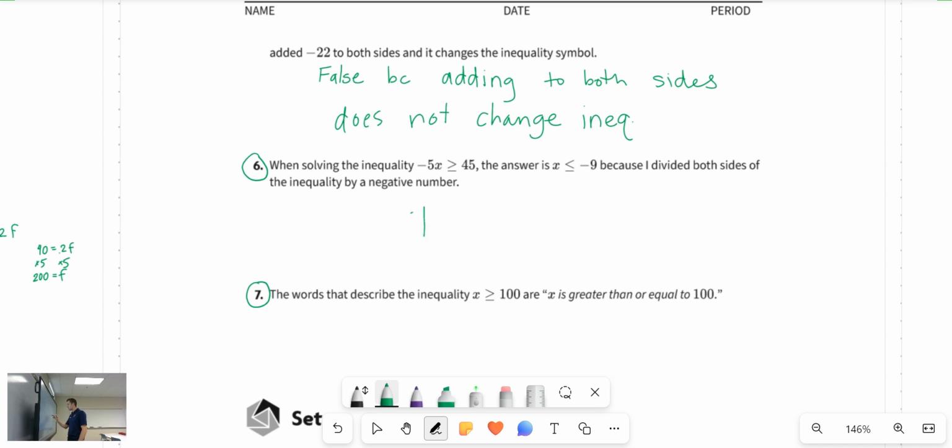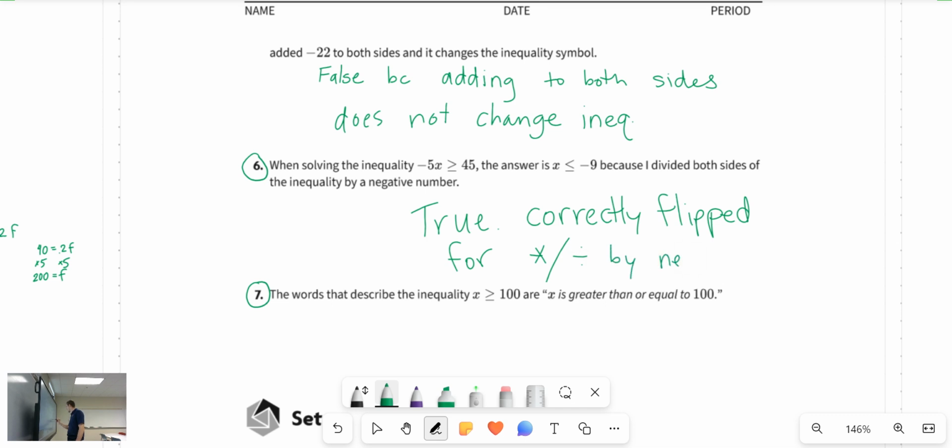So this is true. Correctly flipped sign for multiplying or dividing by a negative.